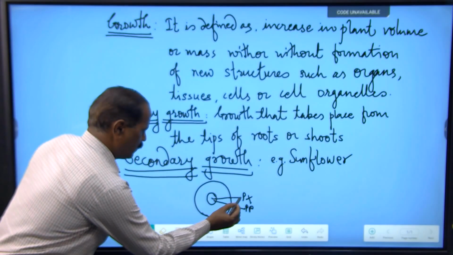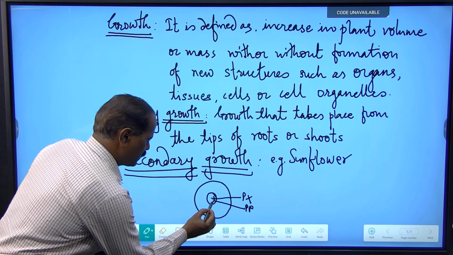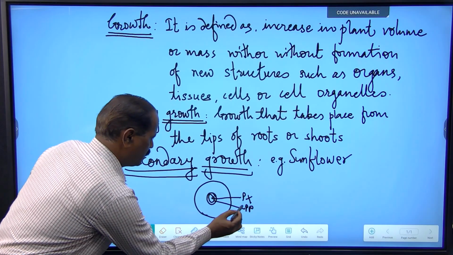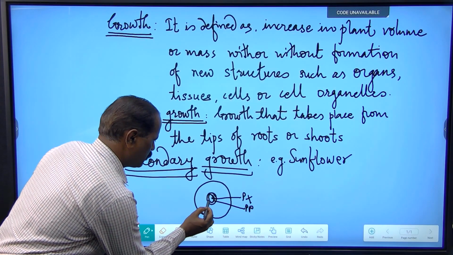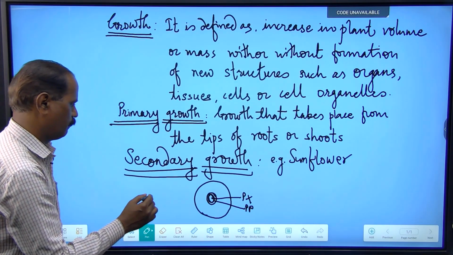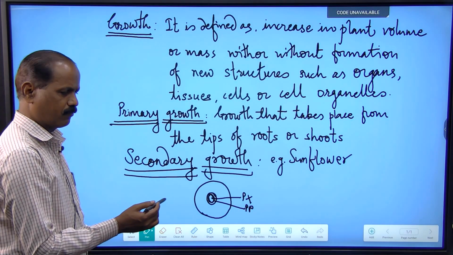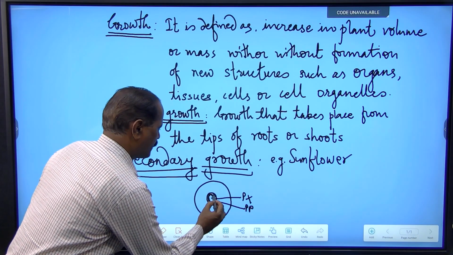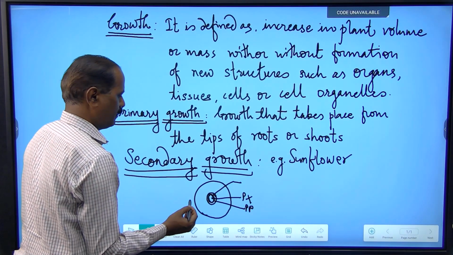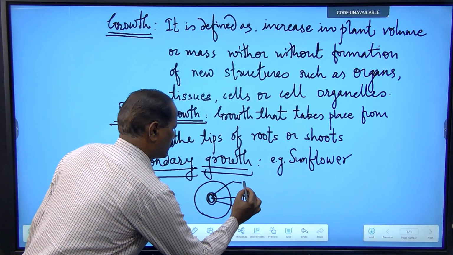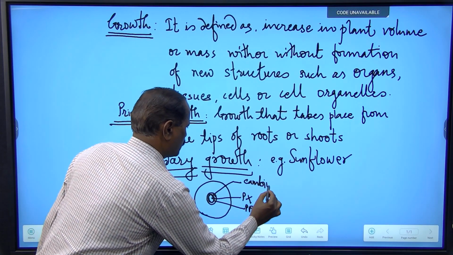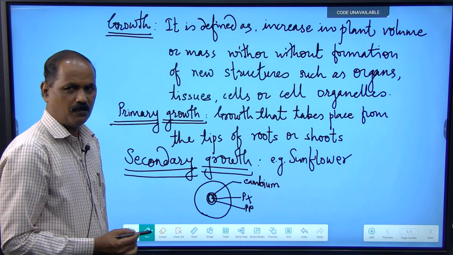What happens is, at this place some cells of xylem from the outer side and cells of phloem from the inner side group together and add cells, and the activity of this is meristematic, and this is known as cambium.